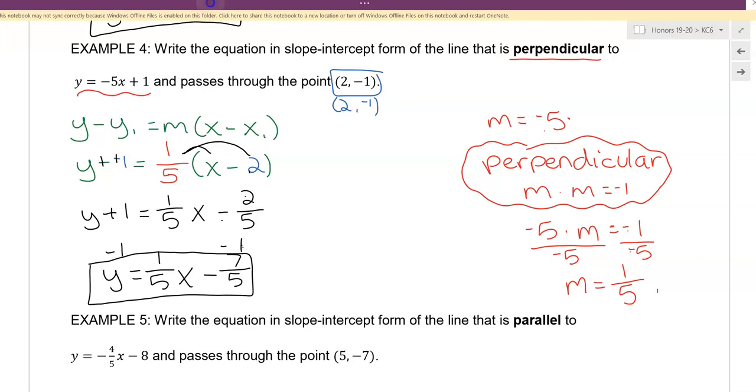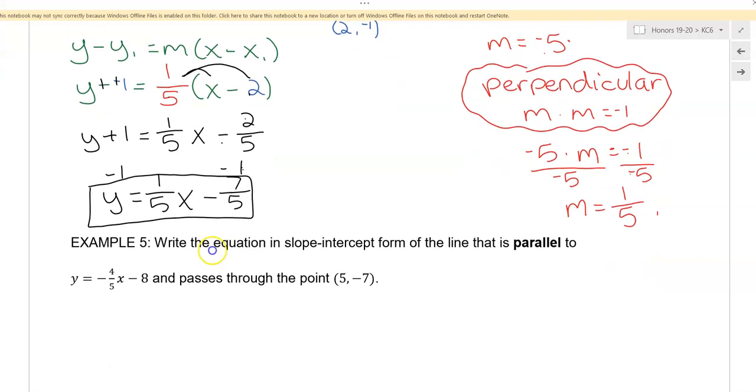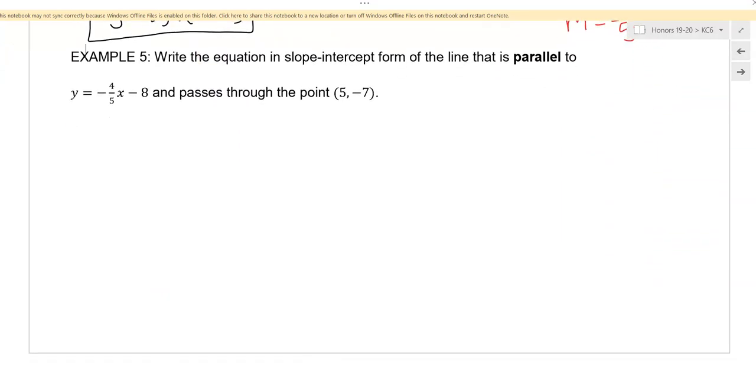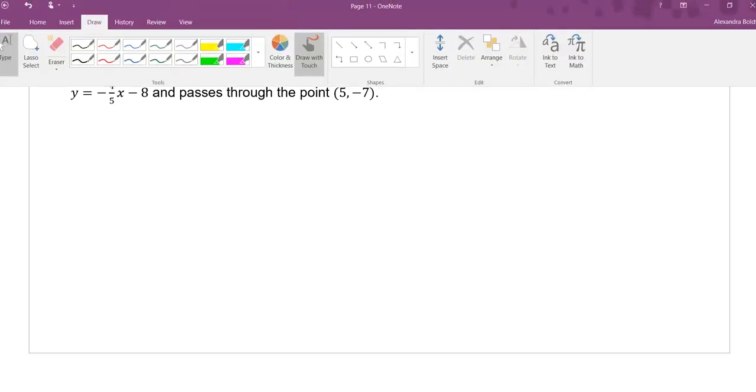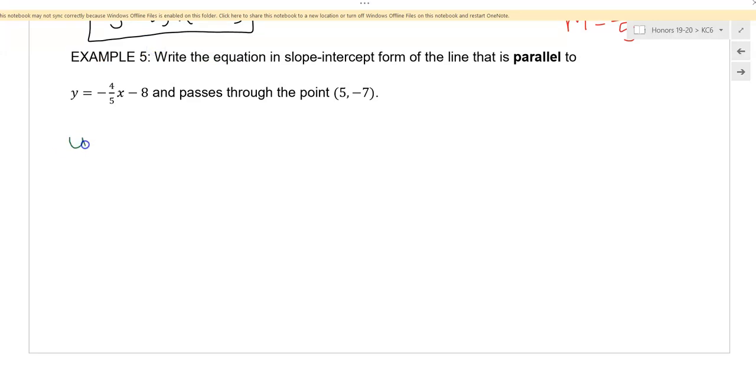Great. Last problem, I believe. I don't know if there's any more. Write the equation in slope-intercept form of the line that is parallel to y equals negative 4/5 x minus 8 and passes through the point 5, negative 7. So again, we're going to use y minus y1.